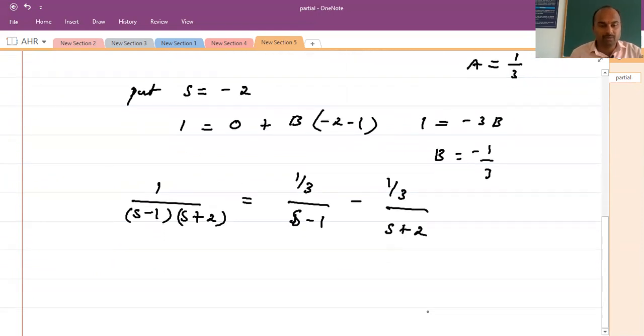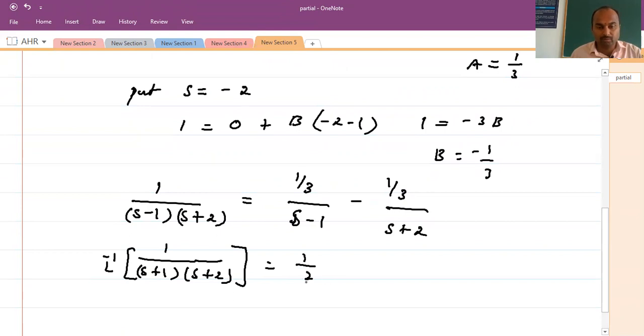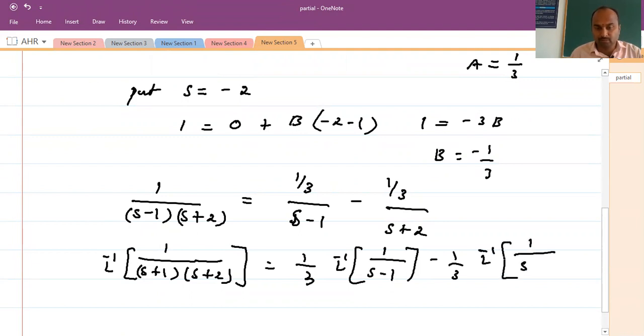So write its inverse. So inverse Laplace transform of 1 by s minus 1 into s plus 2 is 1 by 3 into inverse Laplace transform of 1 by s minus 1 minus 1 by 3 into inverse Laplace transform of 1 by s plus 2.